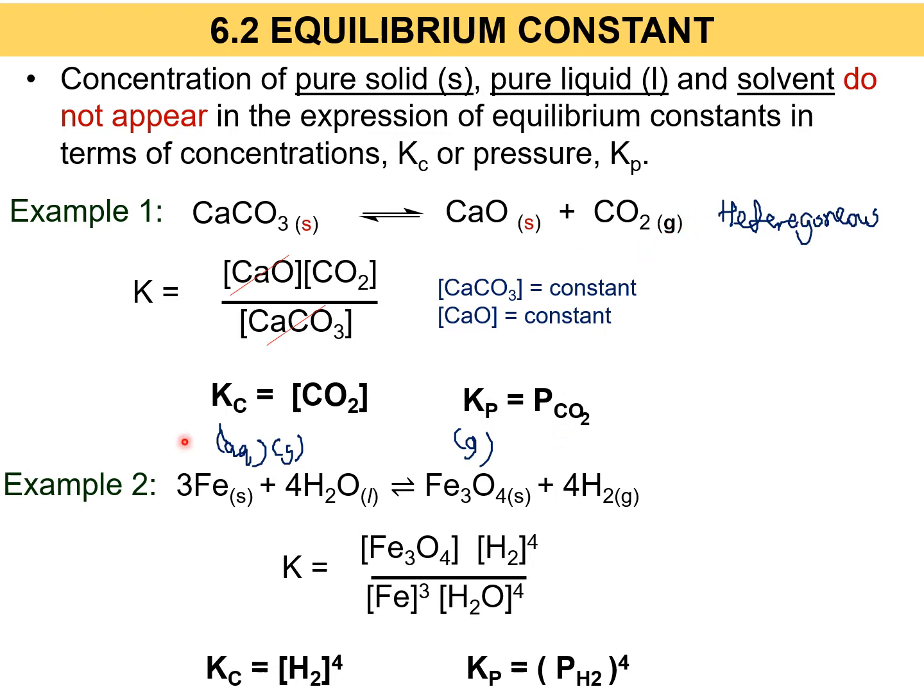Okay, if you look at the next example, okay, this is a heterogeneous equilibria juga. Okay, sebab kenapa? Because dia punya reactant dengan produk dia are in different phases. Ada solid, ada liquid lah, and ada gas lah.